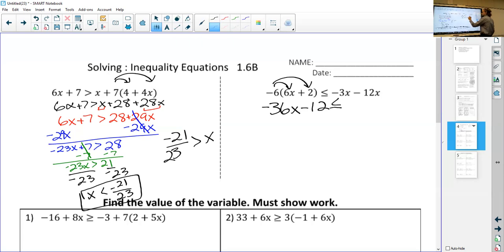Equal to negative 3x minus 12x. So we combine our like terms. So we can combine these x's here. Negative 3x minus 12x is a negative 15x. Bring everything else down.